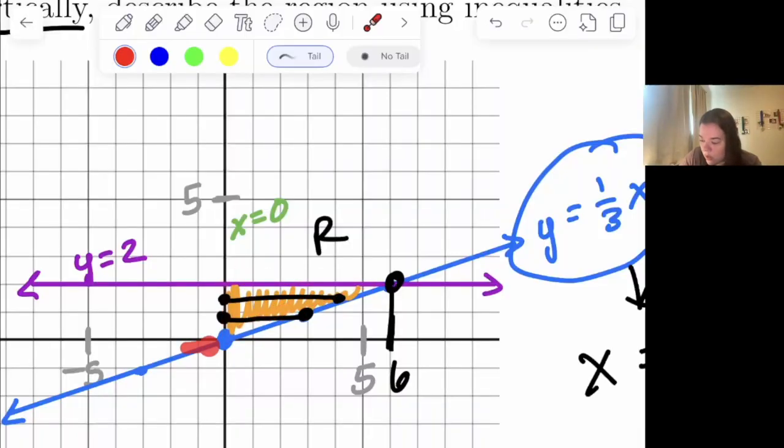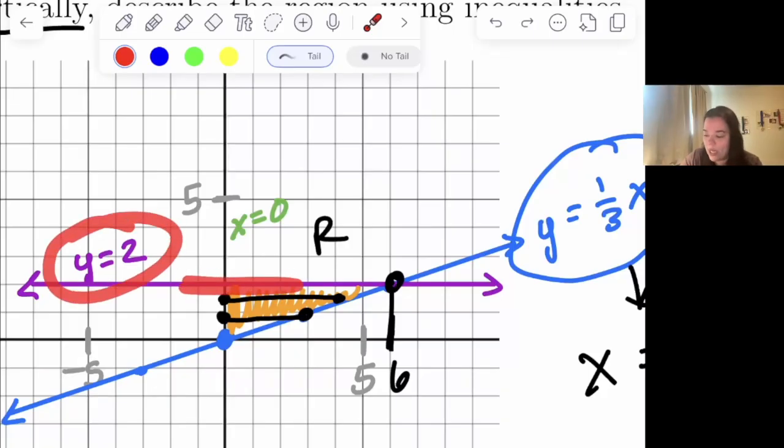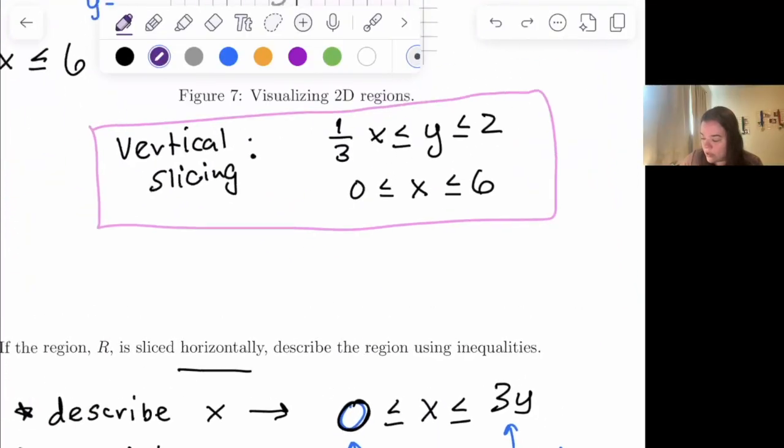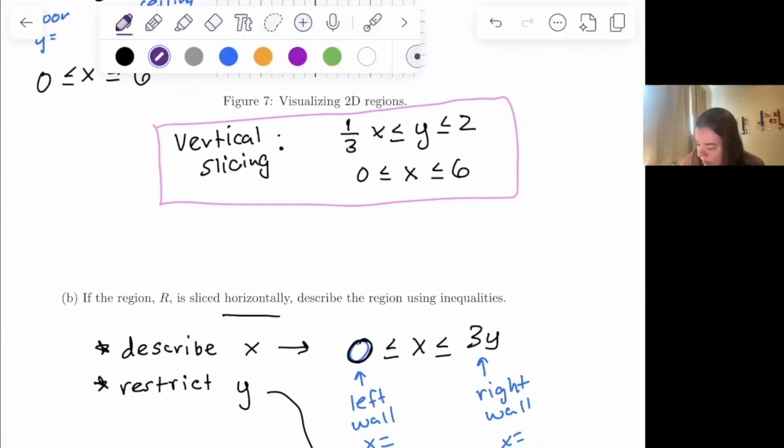Who is the smallest y value and who is the largest y value? We'll see that the smallest y value is y equals 0, and the largest y value is y equals 2. So let's go put that in our final answer, and then we'll summarize and be finished.